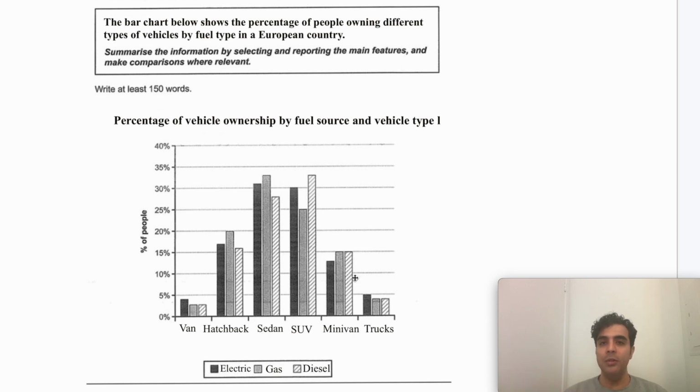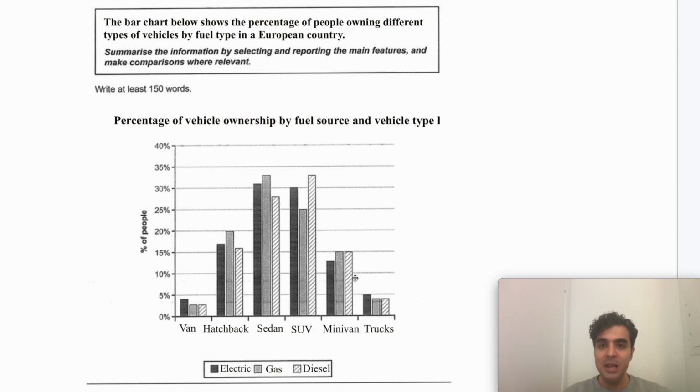If you look at all these different categories and you really can't find something that's always true, then you could mention the rule plus any possible exception to the rule. So for example, I could say something like, it seems that in most car categories, the percentage of electric vehicles exceeds those that are diesel fueled.